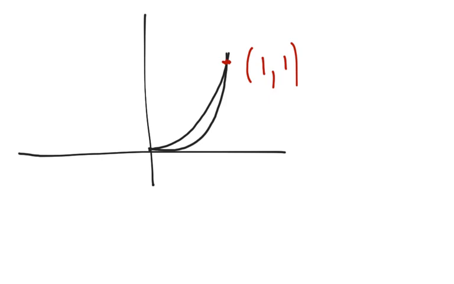Just so we're clear, between 0 and 1, the cubic graph is lower than the quadratic graph. So this is our x cubed graph here, and this one up here is the x squared graph. They switch when x gets greater than 1, but between 0 and 1, x cubed is lower than x squared.